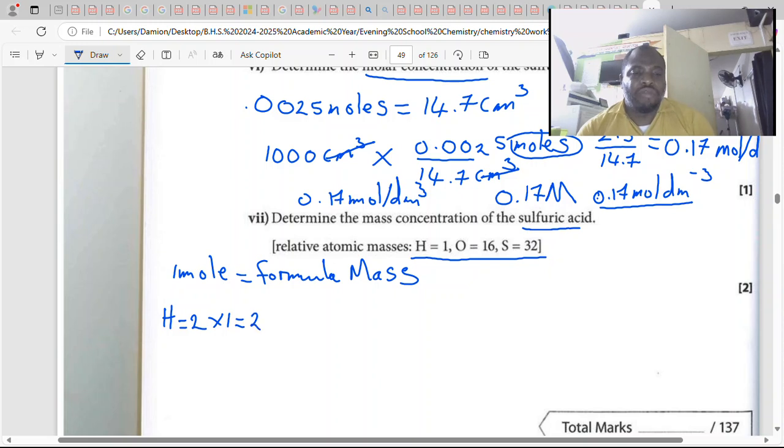So that gives us the 2 grams. 1 sulfur. Each sulfur, 32. And then, of course, oxygen, which is 4 times 16. How much is that again?